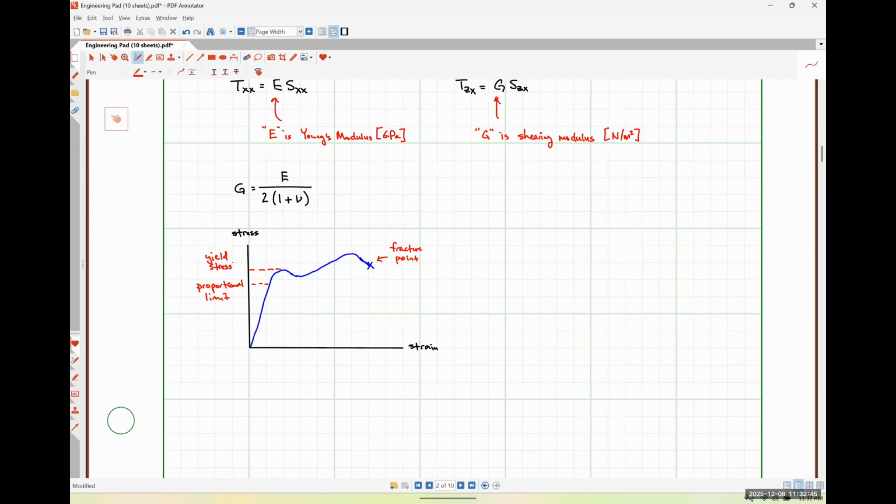And then I'll annotate this further. So after we go past our proportional limit, we have entered the plastic regime.